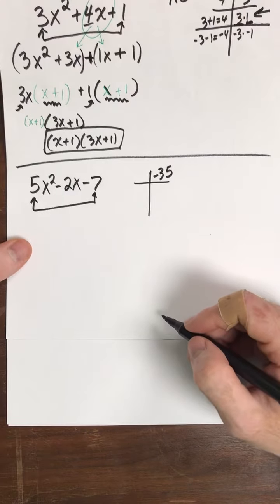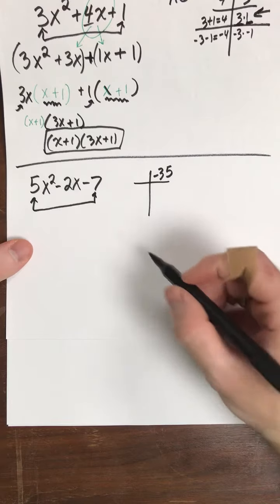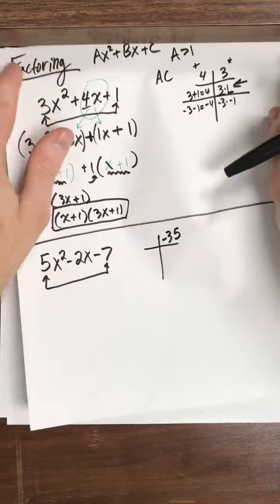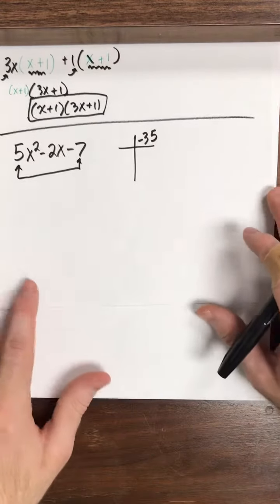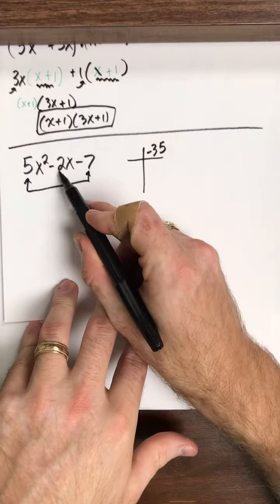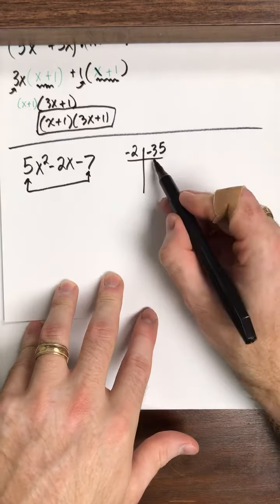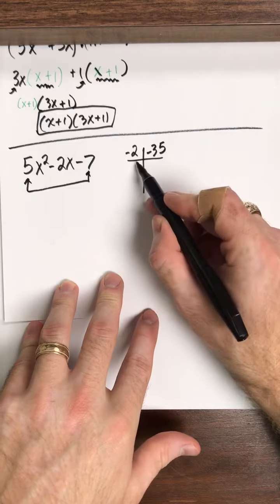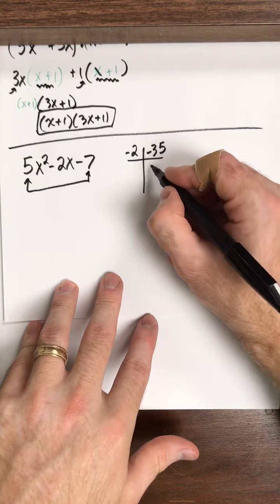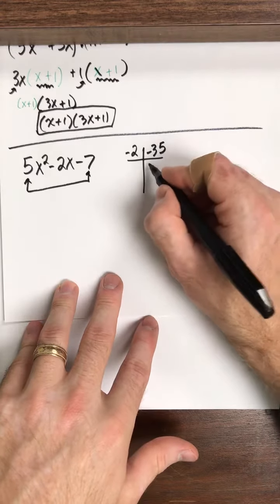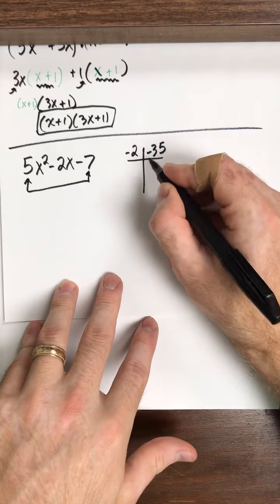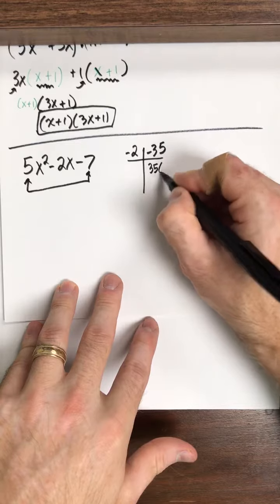And then, what do I want? I'm going to take the negative 2 here. So I want it to multiply to negative 35 and add to negative 2. So let's think about factors here. Since it's negative multiplication, that means I'm going to have 1 positive, 1 negative.